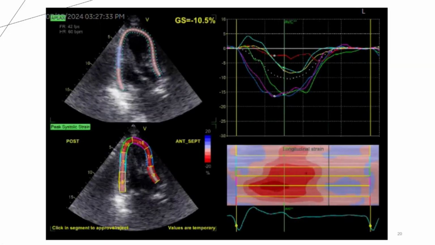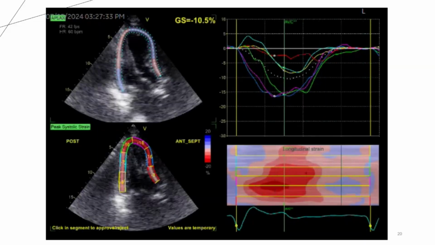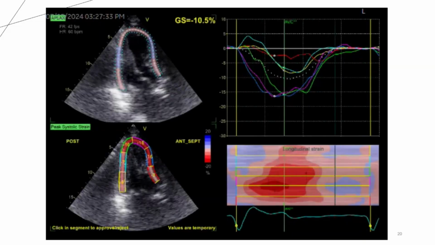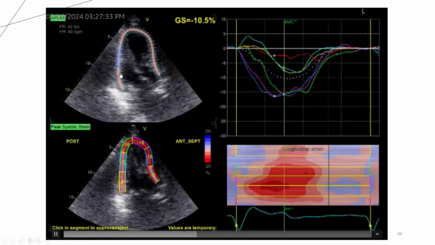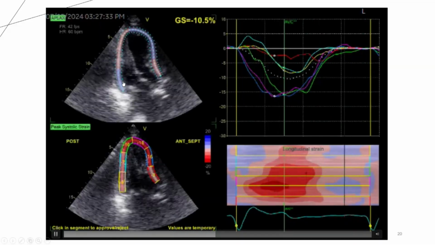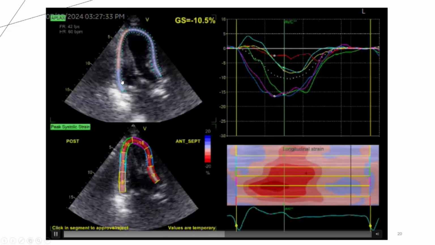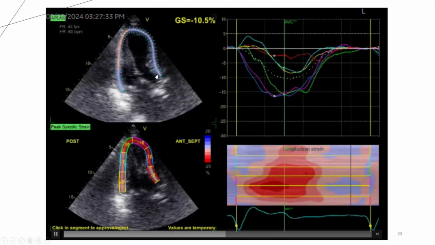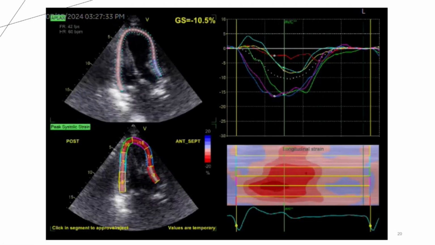In strain, we tell the machine to go in and it identifies every tiny part of the heart, every little bit, and then each is compared to every other bit that's been identified. So you have 1,000 little points of light in there, so to speak.